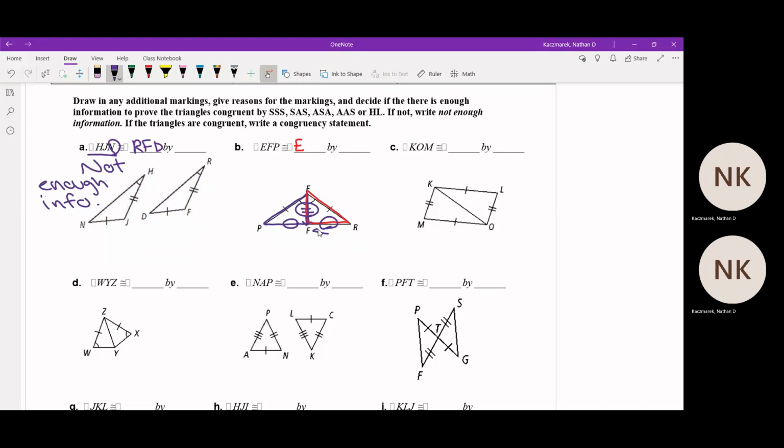Between them is F. That one's going to be F. And then last we have P. We know that P is between the no tick mark and the 1 tick mark. Over my red triangle, what's between the 1 tick mark and the no tick mark? Well, between that is R.